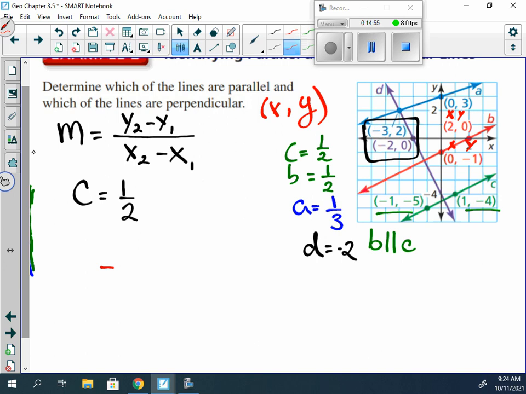So 1/2, if I flip it, would become 2 over 1, which is -2. Well, the slope of line D is -2, yes? So that means that C is perpendicular to D. Oh, wait, what else do we have? B is also perpendicular to D.